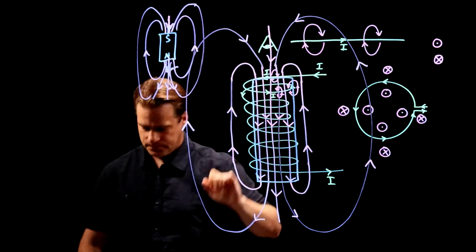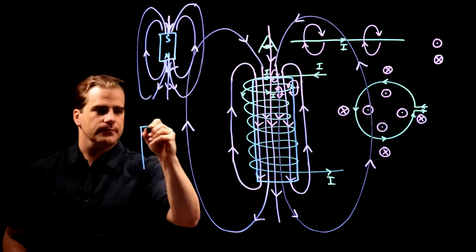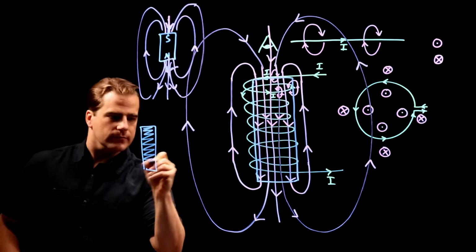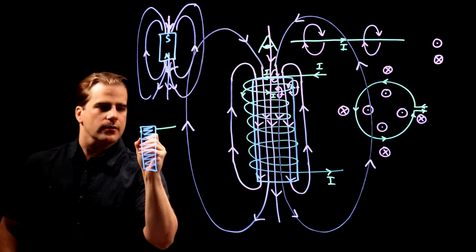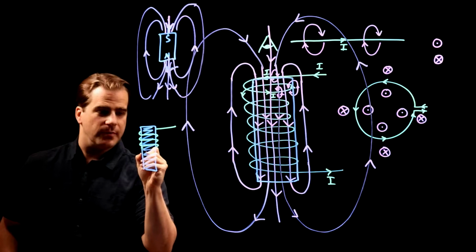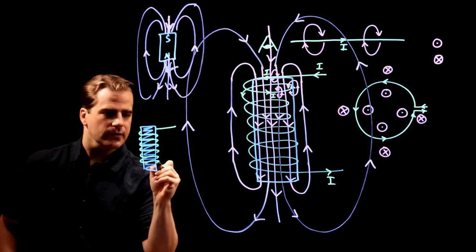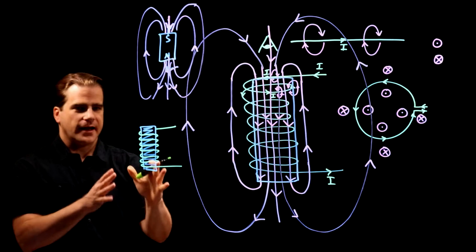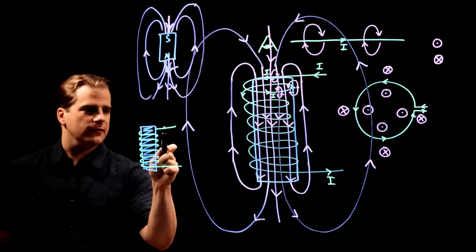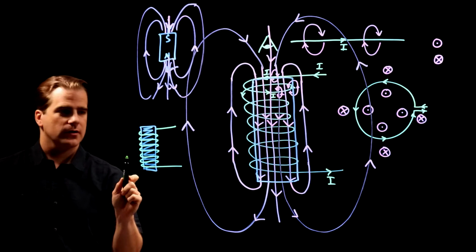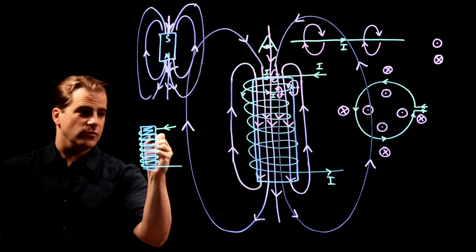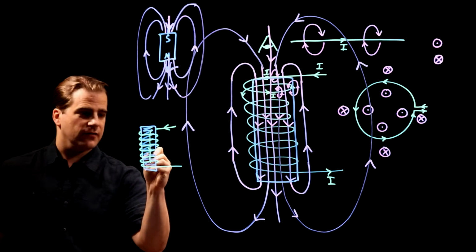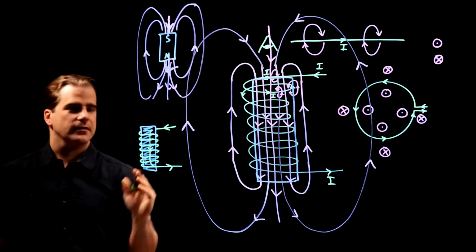If you've got your iron core here, okay, and you wrap the wire around it, so a naked exposed metal wire, okay, that ain't going to work because you've got the metal of the wire in direct contact with the metal of the core. So current coming in is going to go in there and it's just going to go straight through the core itself and then back out there.